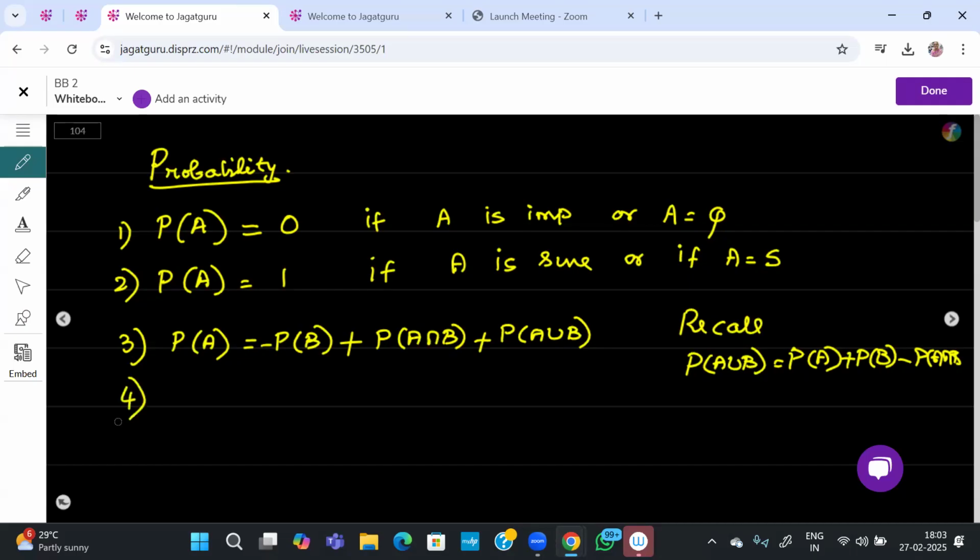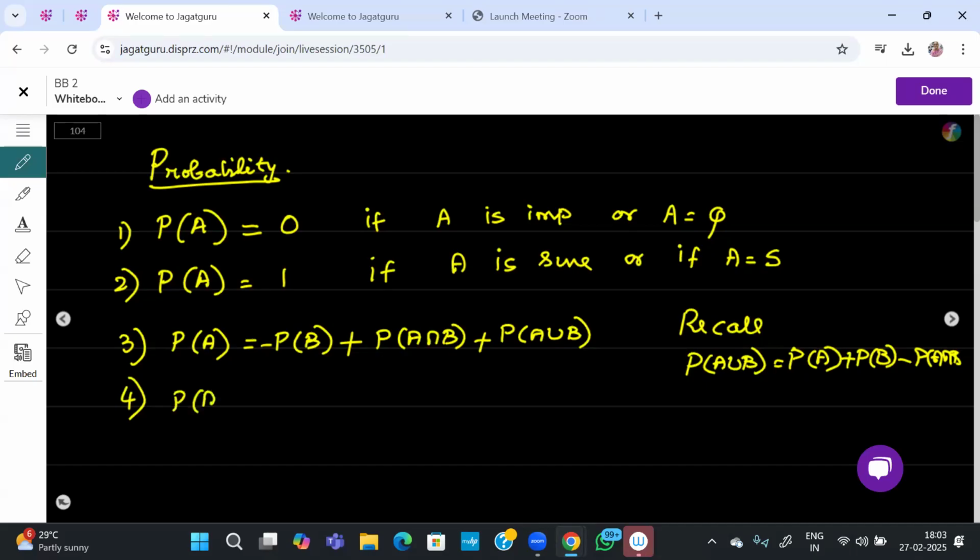Is there any other way that you can think of for finding P(A)? Of course, we know many concepts, but I'm just recalling certain things. Can anyone think of any way of expressing P(A) other than these? 1 minus P(A dash).